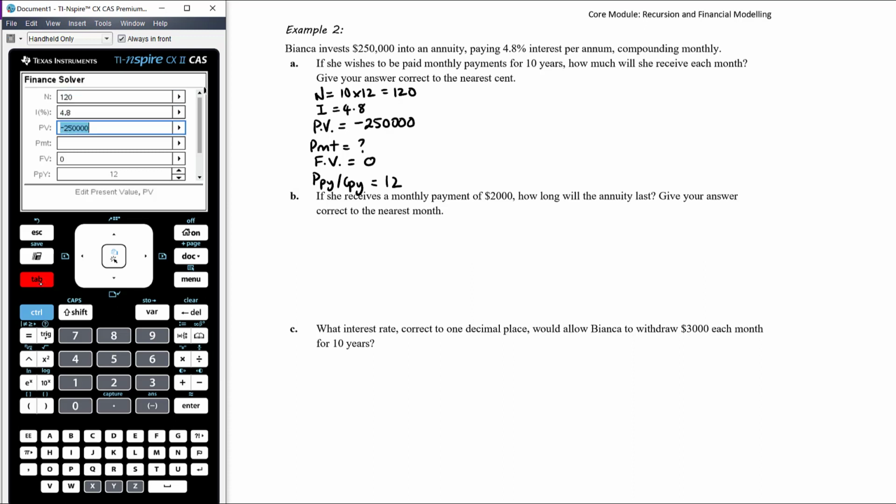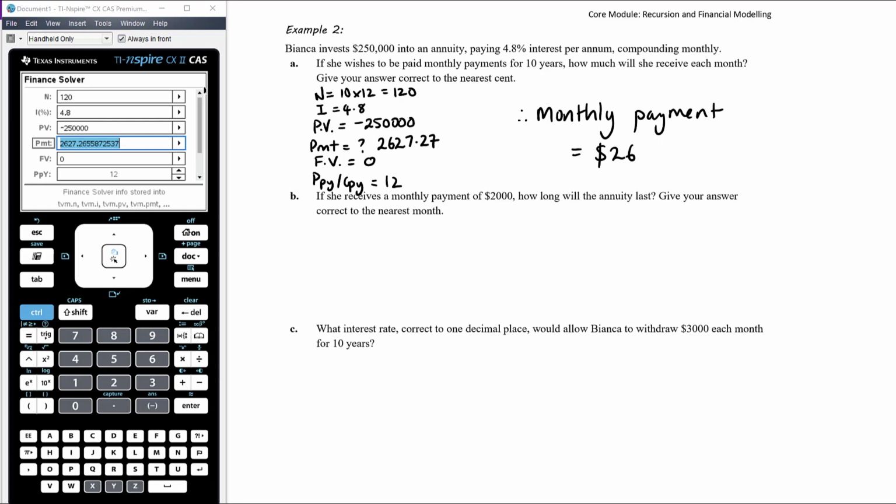Okay, so then if we tab around to the payment cell again, press enter, the payment is 2627.27, and so therefore the monthly payment she can withdraw is going to be $2,627.27. Okay, so remember it's positive in the finance solver because that money is coming from the bank to Bianca.